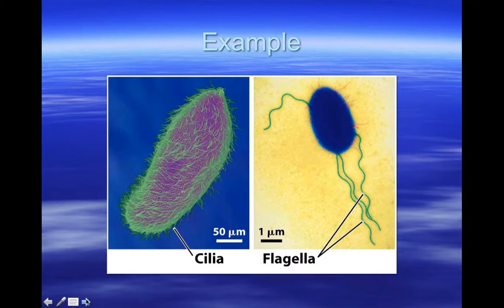Here's an example of both the cilia and the flagella. This is the cilia. You look at all these little hairs. We would not be able to see that in the microscope, like when we look at our microscope on Tuesday. This would be under an electron microscope.